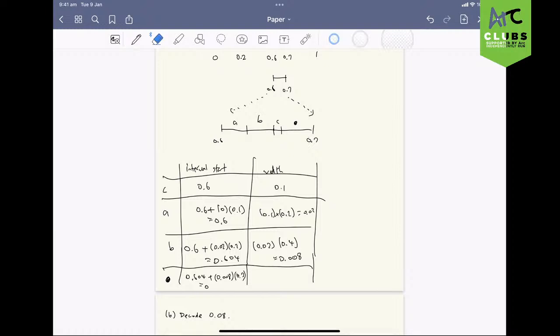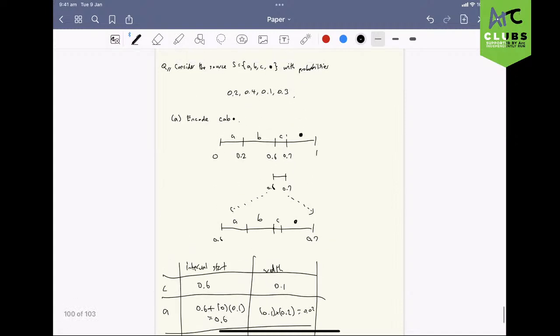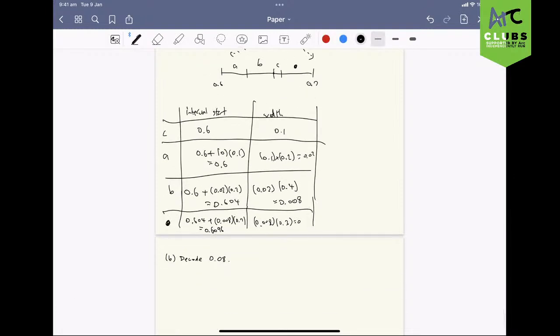Wait, not the width, what am I saying? The start position, so 0.7. So that's going to be 0.6096. And the width is going to be 0.008, the previous width, times the width of the stop symbol, 0.3 over here. And that's 0.0024.